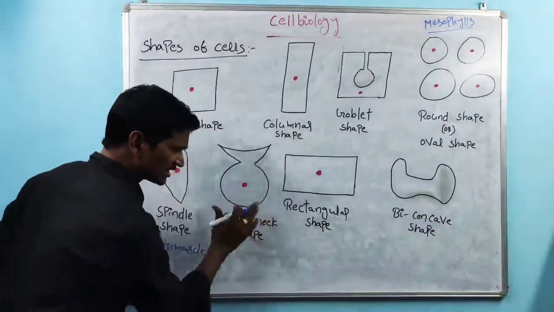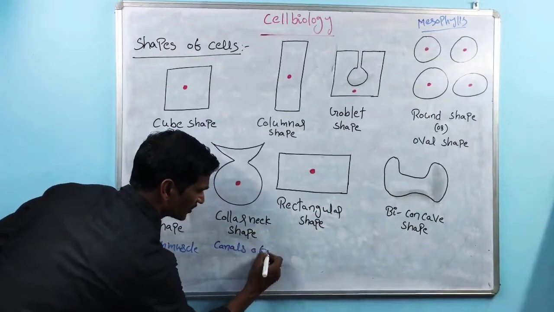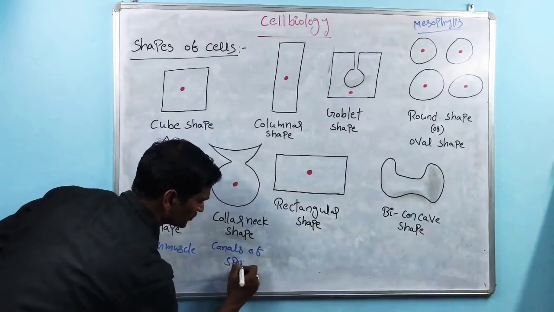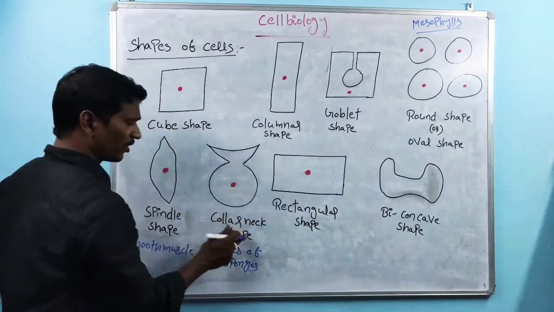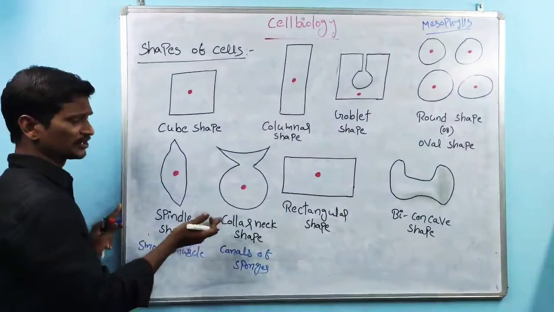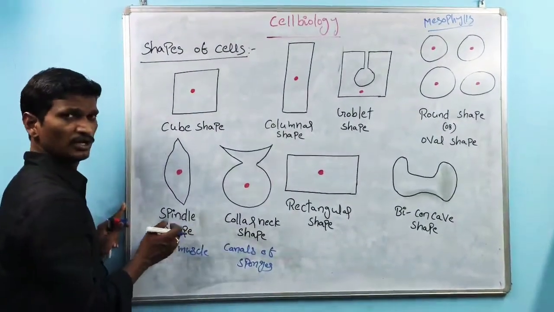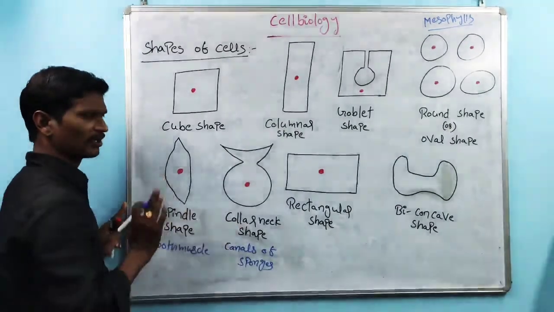These cells are mostly seen in the canals of sponges. Collar neck cells are also called conocytes. Right? That is about collar neck cells.